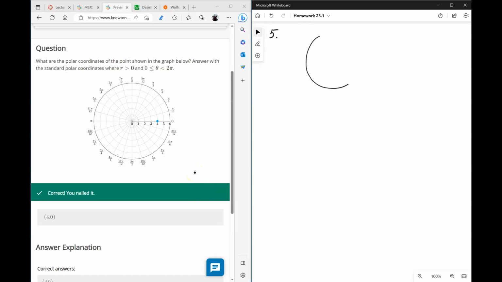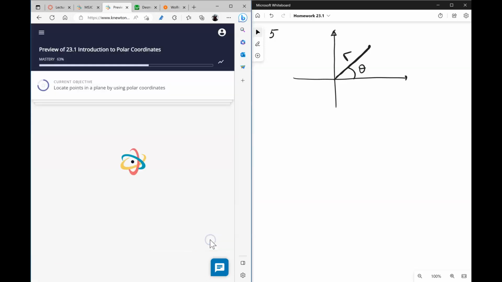Again, we're looking at this angle and this distance. So when your point is on the x-axis, then the angle is 0 and the distance is exactly the x-coordinate.